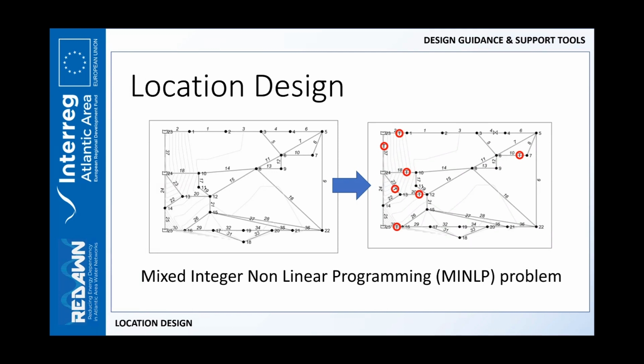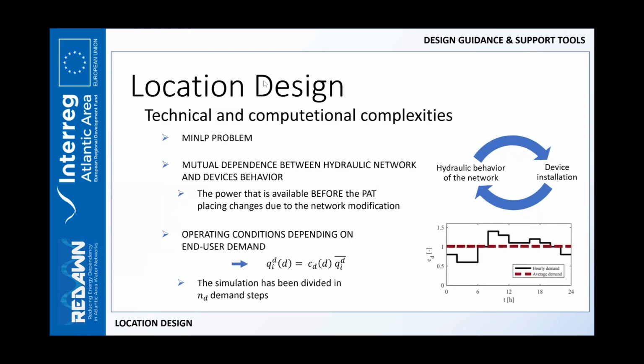Just the last topic is a brief introduction to the location of the turbines within a distribution network, that is a very complex problem. Yes, we have just 1 minute. Be careful with the time, Oreste.